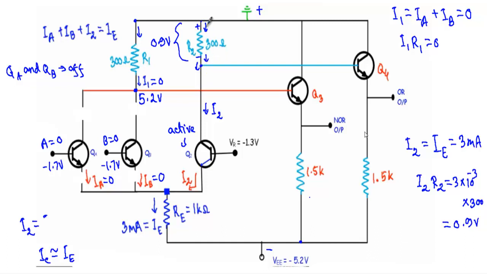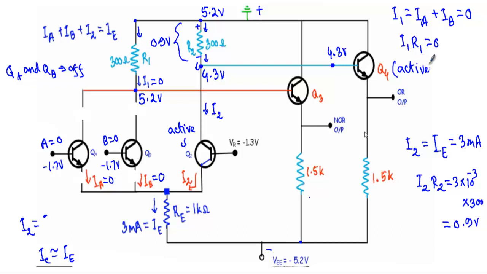As I am getting 0.9 volt between this terminal to this terminal, but here we are applying 5.2 volt between this terminal to this terminal, therefore the rest of the 4.3 volt will be the voltage between this terminal to this ground terminal. So I can say that the base terminal of the transistor Q4 will be at a voltage of 4.3 volt, which is sufficient to drive the transistor Q4 in the active region.